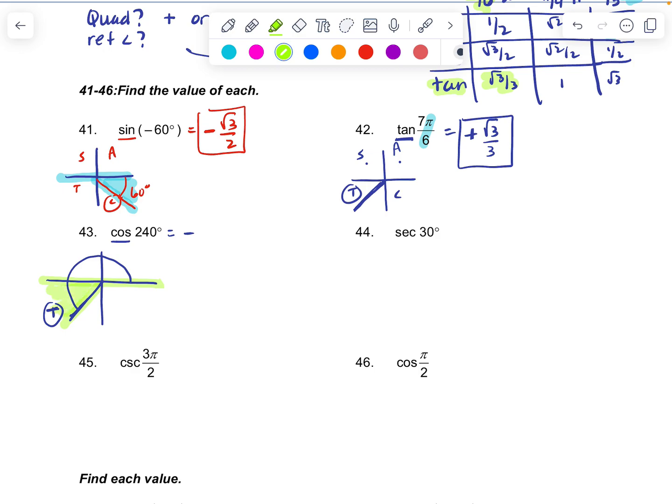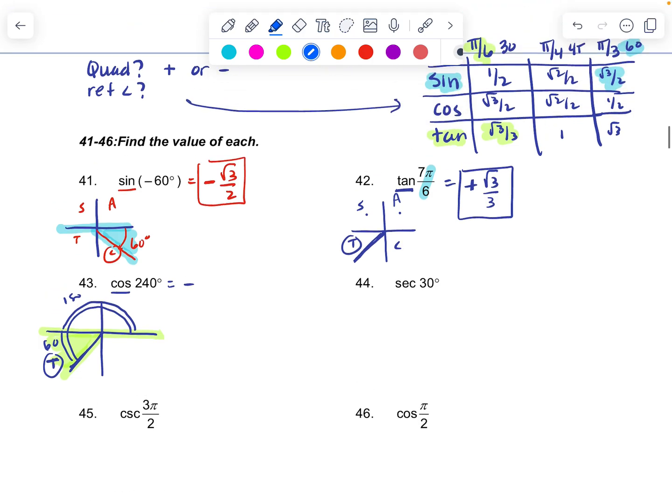Take the smaller angle. If from here to here is 180, and then if I want to get to 240, I have to go 60 more. So my reference angle is 60 degrees. I'll highlight in a different color again, maybe blue this time. I've got the cosine of 60 degrees right this time, which is going to be 1/2. So this is going to be negative 1 over 2. Wow, this is really colorful.